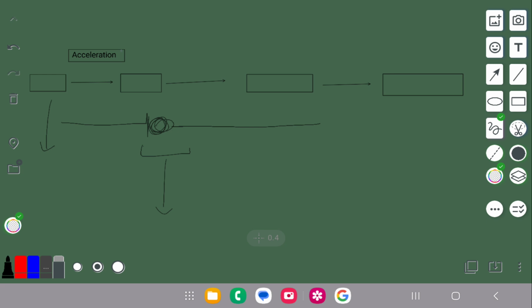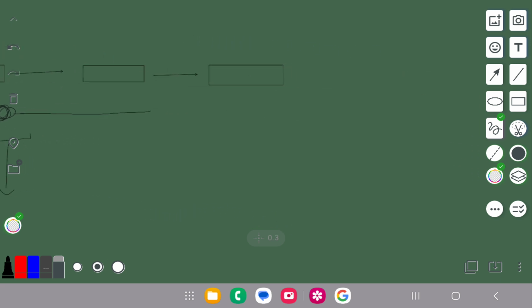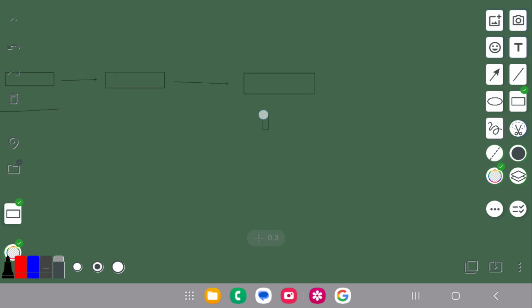So if I give you an example, if in future this object came to rest, like it stopped the motion and is no longer moving, it is at rest, then what can we conclude?